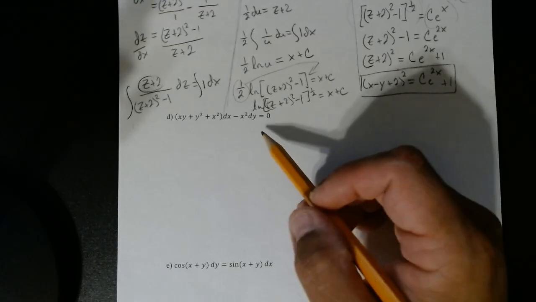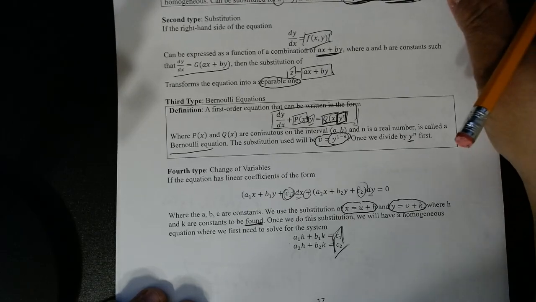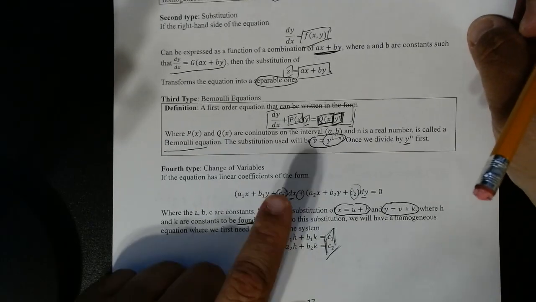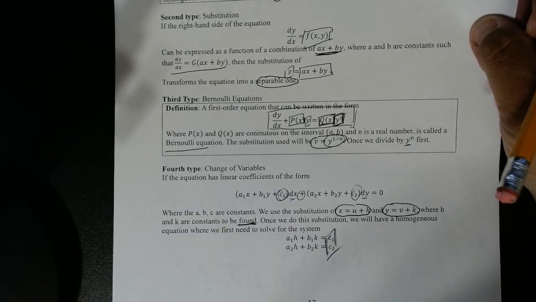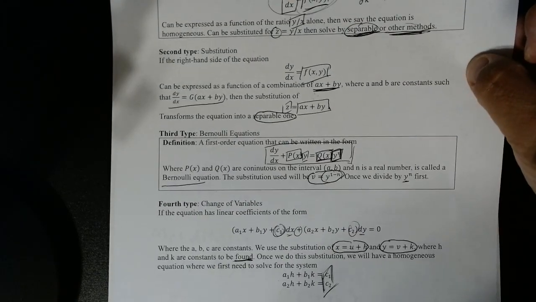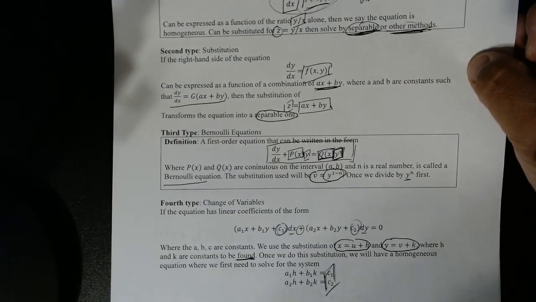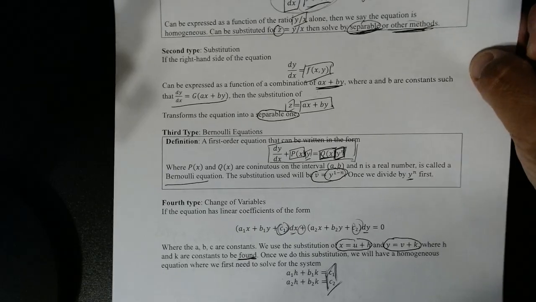So let's go back to our notes. Which one does this kind of look like? It kind of looks like this one, which is not fun to do. Or it could be any of them, right? If we could somehow manipulate it in a way we could do it, that would be kind of nice. So let's try this out.